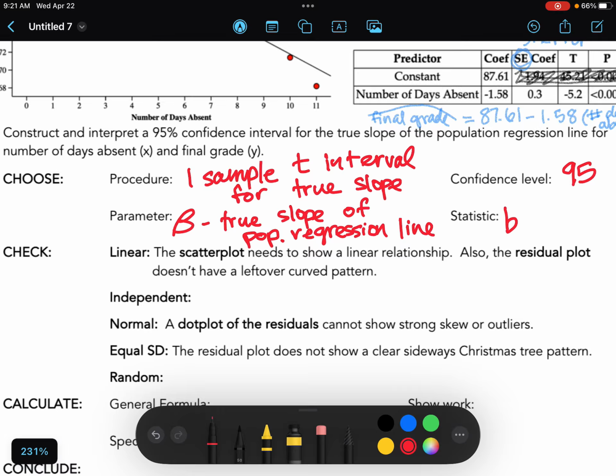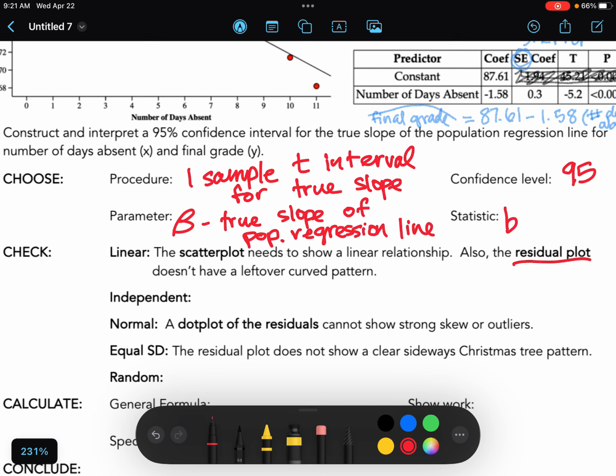Okay, so here are the conditions, and I love that they write these out for you. The scatter plot needs to show a linear relationship, and so that means the residual plot can't have that curved pattern that we talked about on Monday. If it has a curved pattern, then we shouldn't be using linear regression. We absolutely should not be doing inference when it's not a linear relationship.